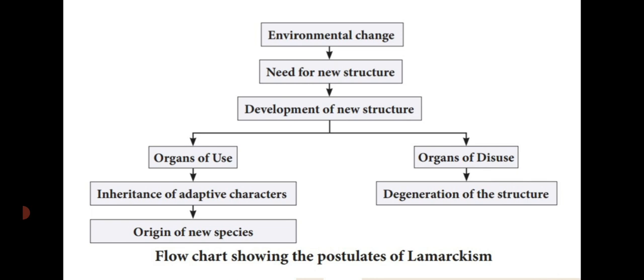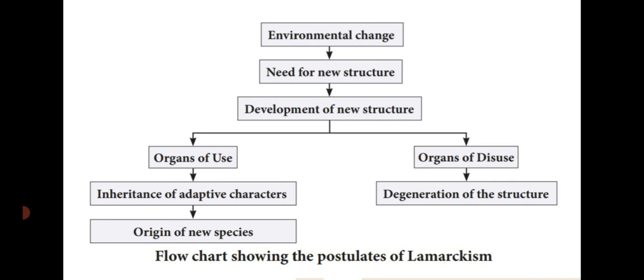Due to environmental changes, changes are needed in the organism also. That means a new structure. That new structure shows further development, which is said to be development of new structure. That newly formed organ is used for their life activities.